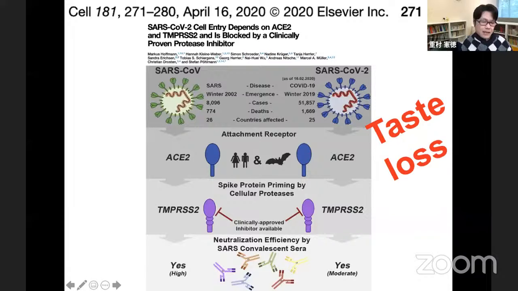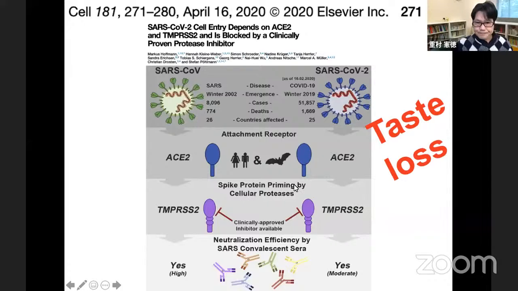In the early stage of the viral infection, SARS-CoV-2 utilizes its spike protein to bind to the host cell membrane via ACE2. ACE2 is the attachment receptor for the S protein, the spike protein. Then the virus can fuse with the host cell following spike protein priming by transmembrane protease serine 2, TMPRSS2.